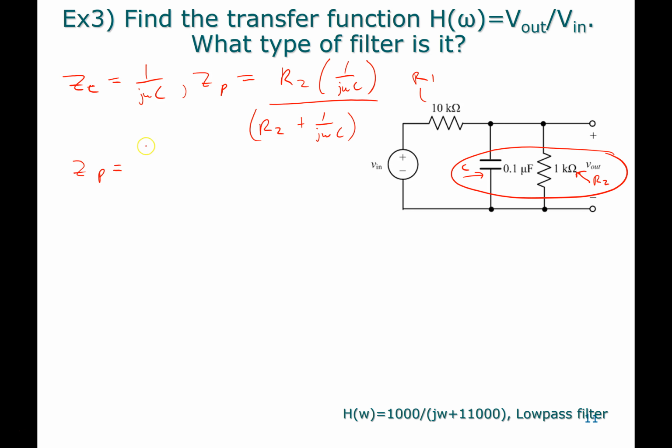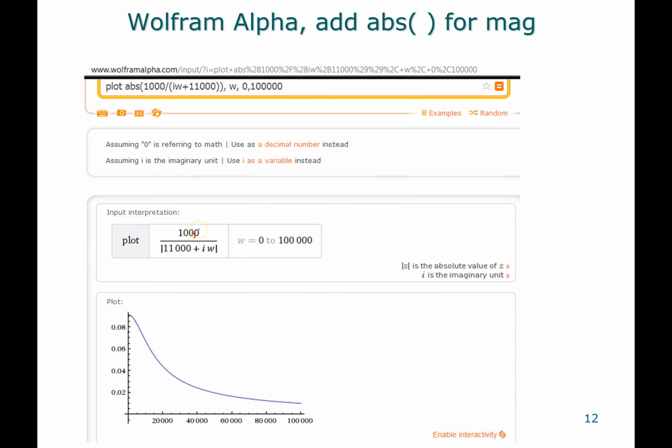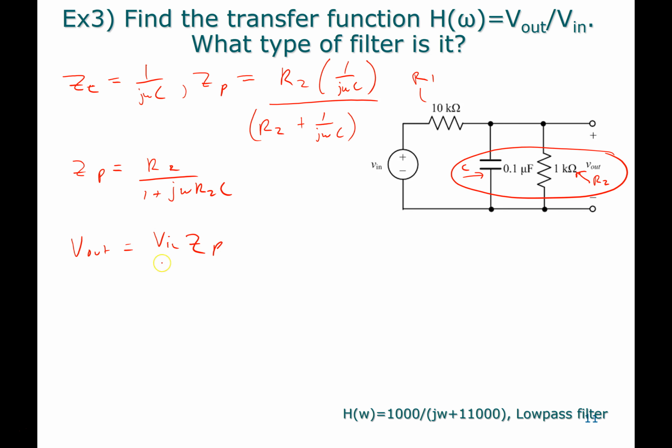Which can be reduced as R2 over 1 plus j omega R2 C. And then, once again, you have a voltage divider where V out equals V in times our parallel combination over R1 plus ZP.